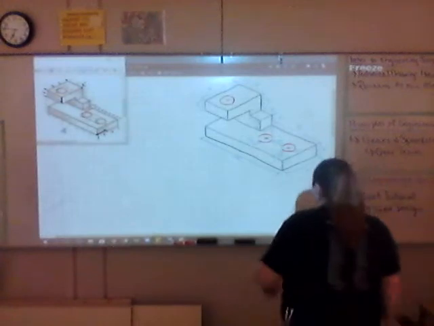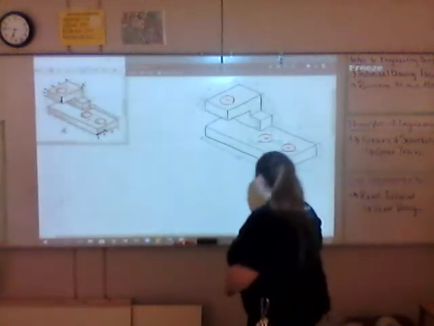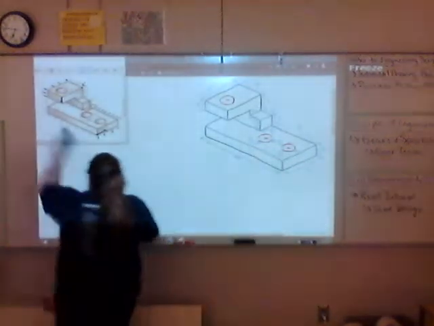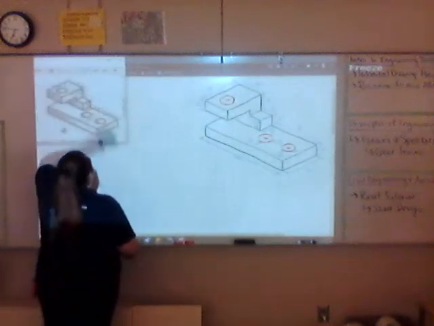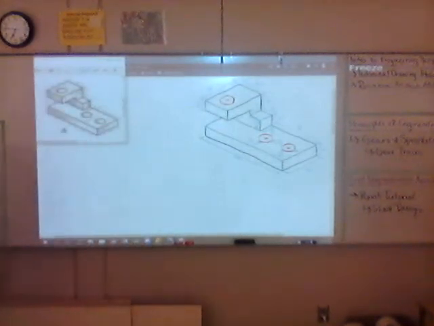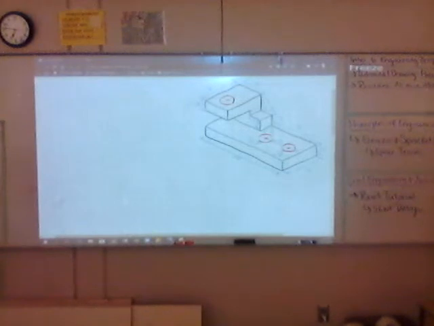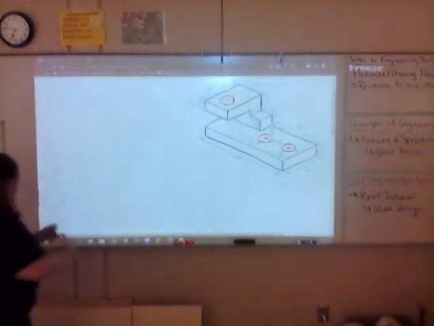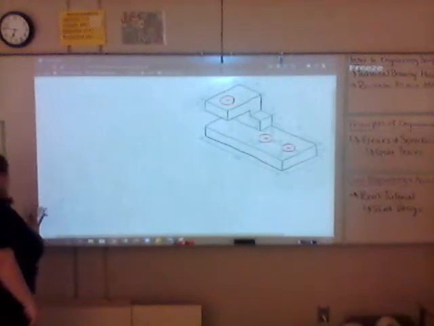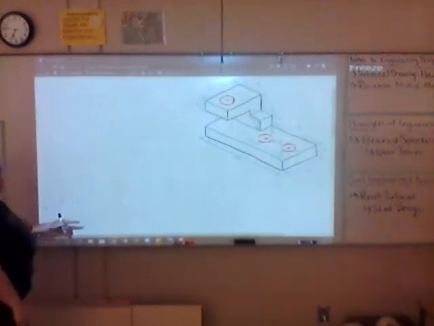Okay, so now we're ready for the orthos. Actually, real quick, I gotta get rid of this so I have enough space to draw it. All right, there we go. Okay, so starting with our front view down here, I know that I have to go over 14.